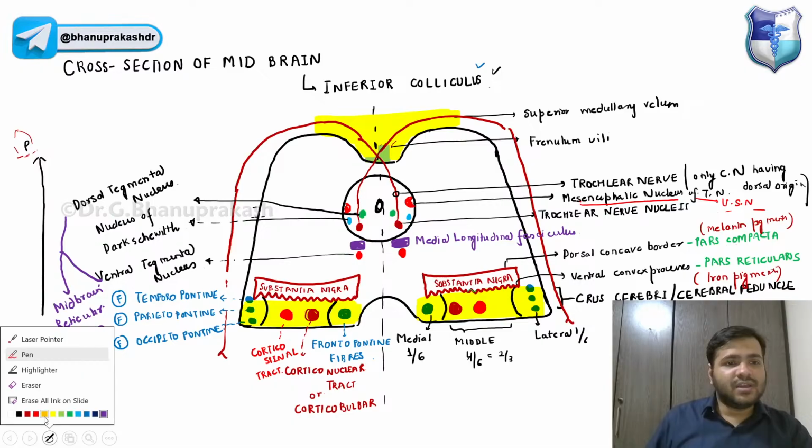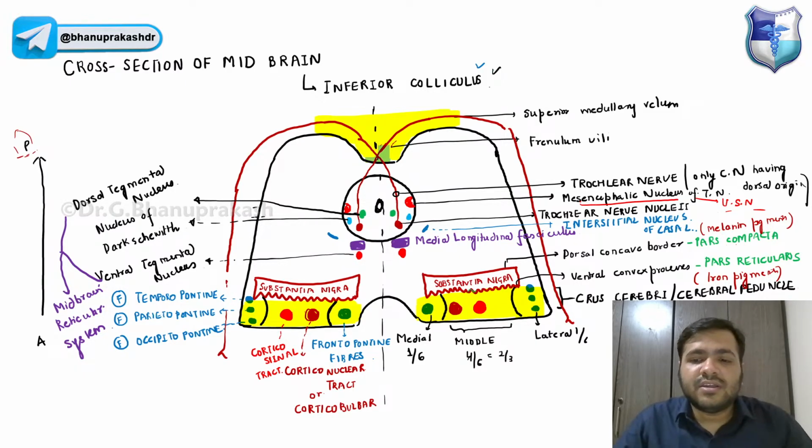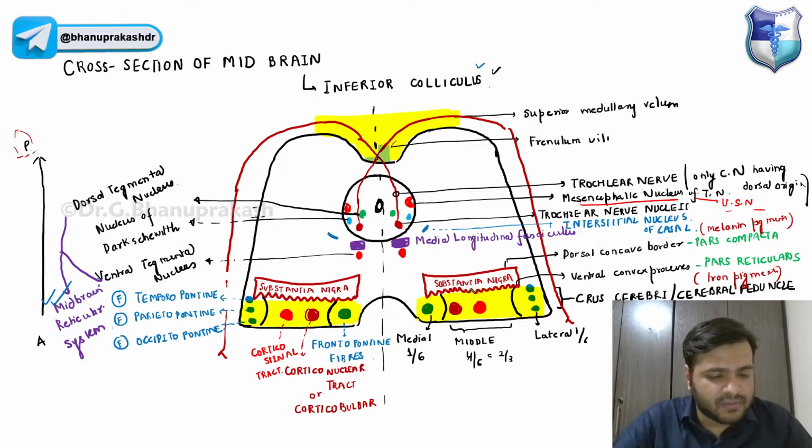On the sides, over here, you will see another nucleus, and that is called the interstitial nucleus of Cajal, which sends its fibers to the posterior commissure, lying outside the gray matter. Now this interstitial nucleus of Cajal also contributes to the midbrain reticular formation.